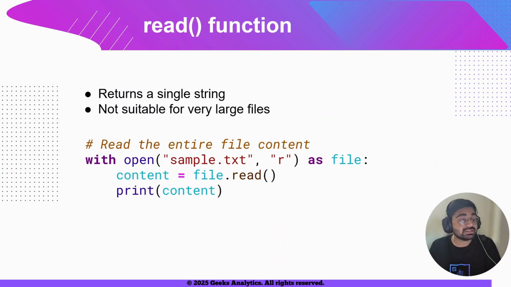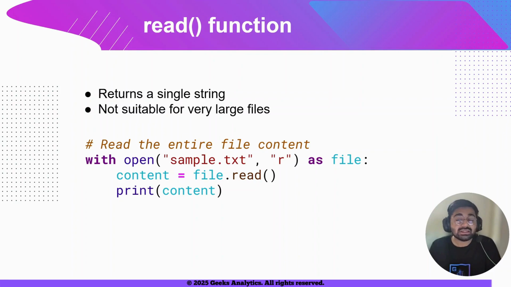It's usually best for small files, because using this function on huge files, like in GBs, can make your system slow, since some memory has to be freed up to keep your processes running.